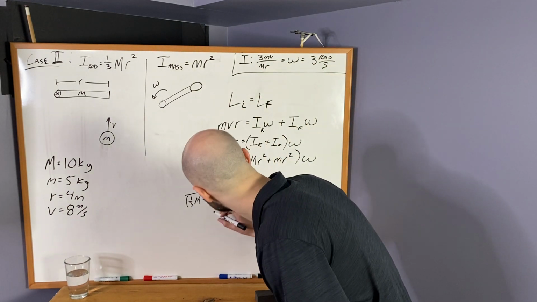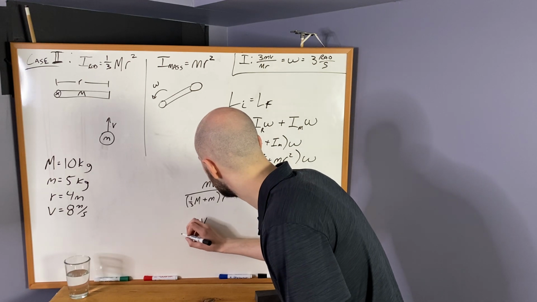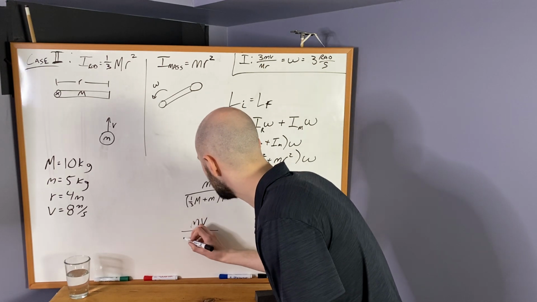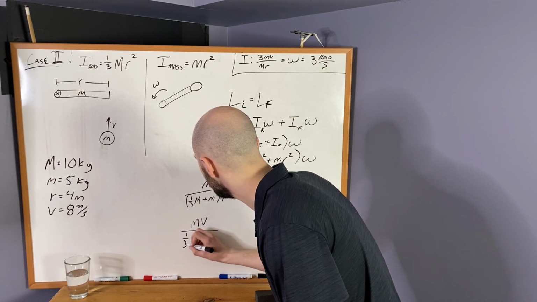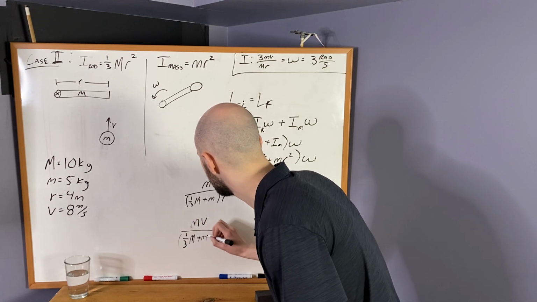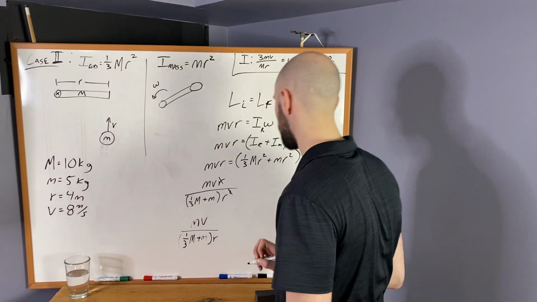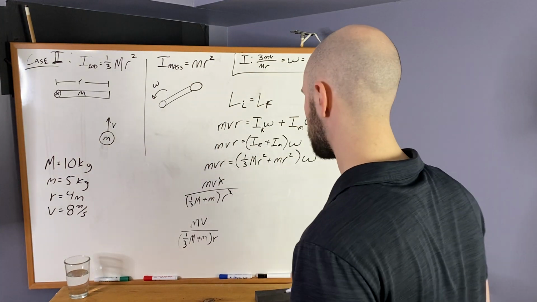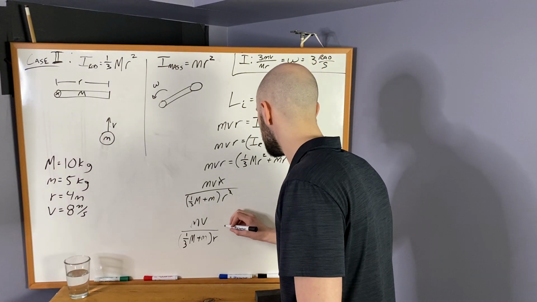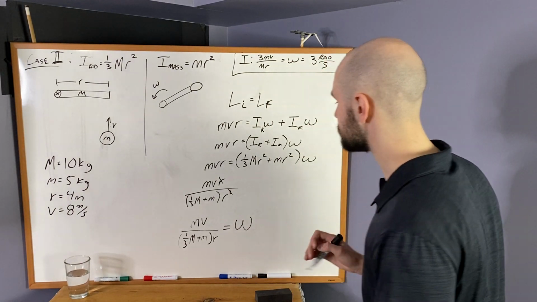So we get mv all over 1/3 big M plus little m, multiplied by r. And this is going to be equal to our new omega of the system.